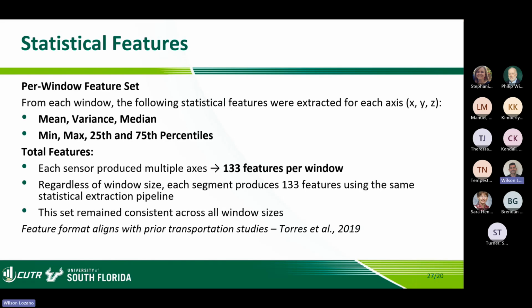Then we calculate statistical features over those time frame windows. So for each window, which features are we going to calculate? For each window and each axis, we're going to calculate the mean, the variance, the median, the minimum, the maximum, the 25th percentile, and the 75th percentile.